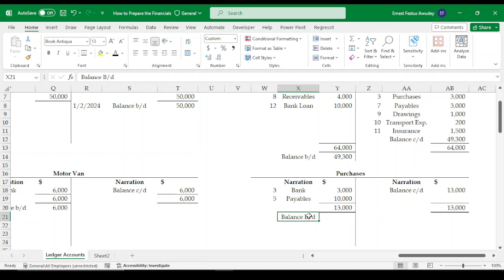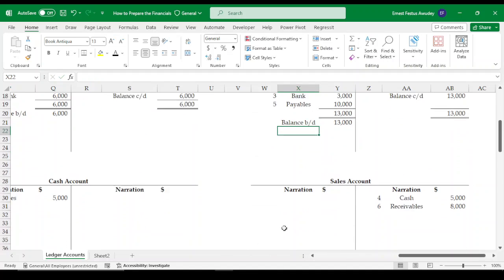As I said, the reason why you are having balance brought down and all those things, I'm going to explain to you. You are going to understand in a jiffy. All right. So I'll reference this and then have that.